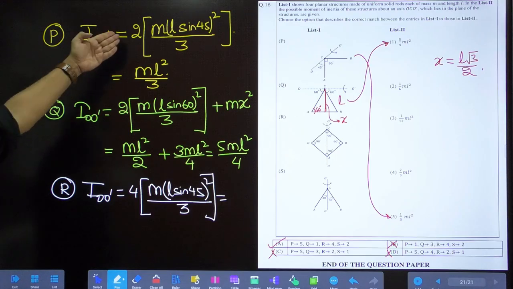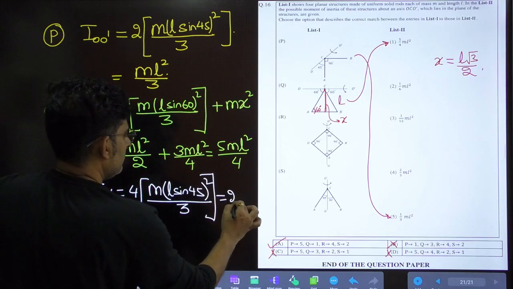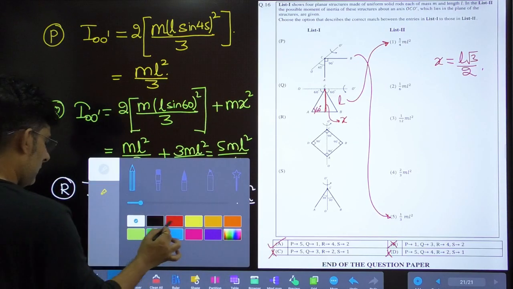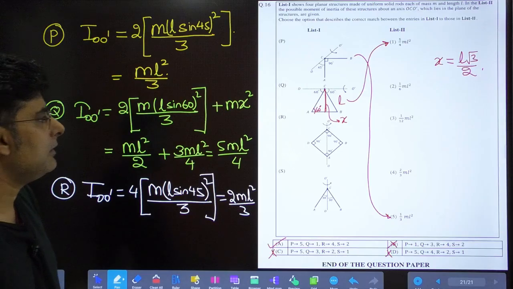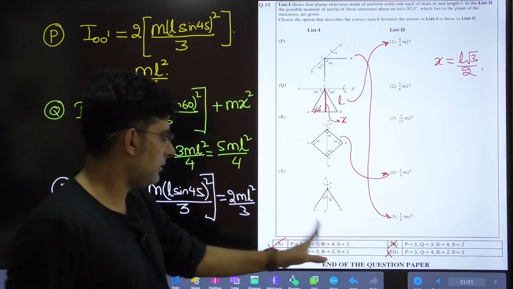So basically it is nothing but double of this. Clear? So this will become 2 ml square by 3. So R matches 2 ml square by 3 means R is 4. So you can see R is 4.